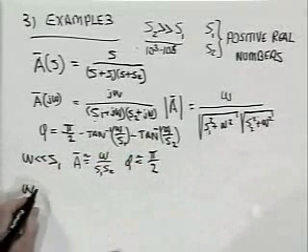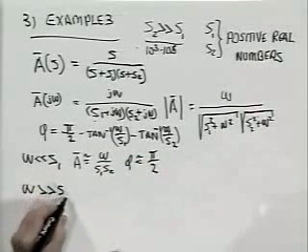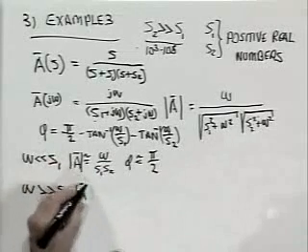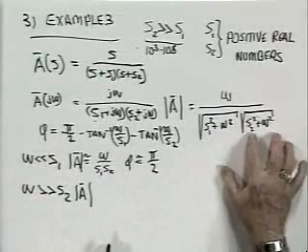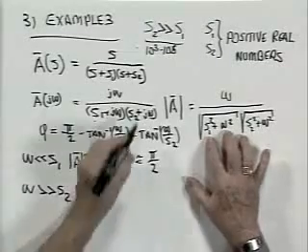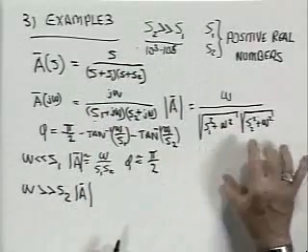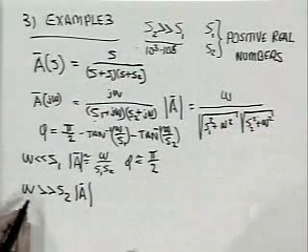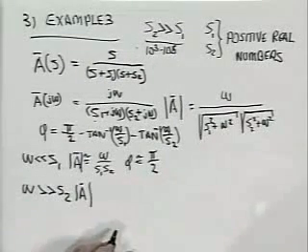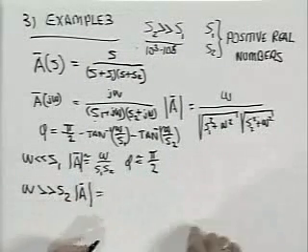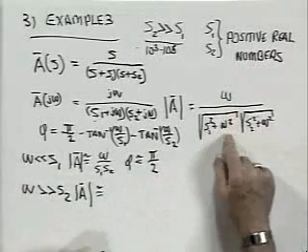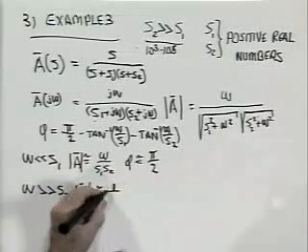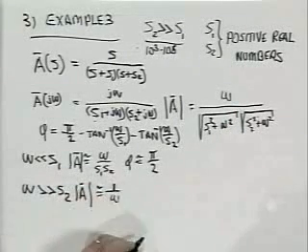If omega is much, much greater than s2, A magnitude, now look, if omega is much, much greater than s2, it sure is much, much greater than s1, given this inequality. So in both of these radicals, omega dominates. So for omega much, much greater than s2, magnitude of A is approximately omega over omega times omega, or it is 1 over omega.